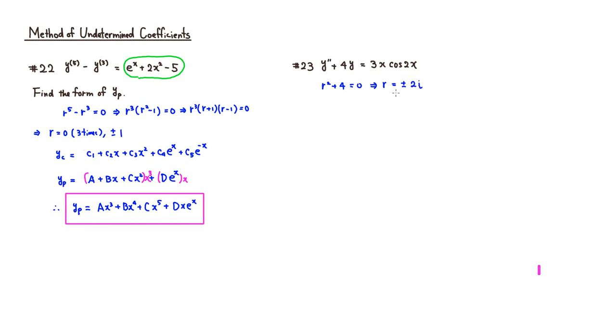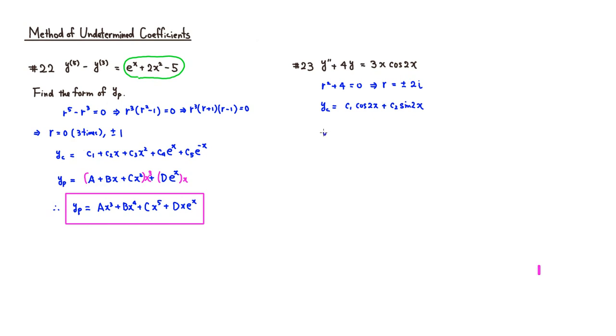So the complementary solution is going to be y sub c equals c1 cosine of 2x plus c2 sine of 2x. So that's the complementary solution. So let's look for a particular solution.